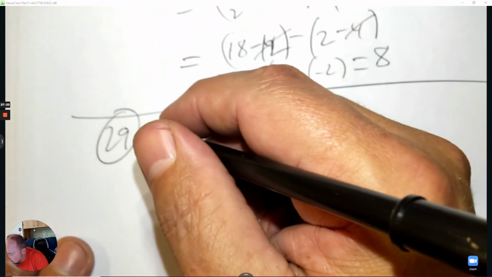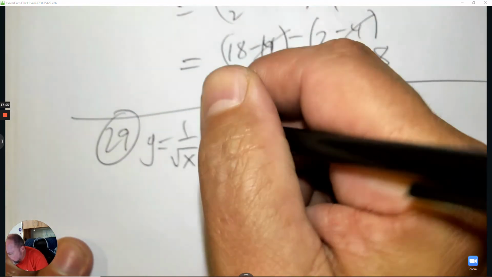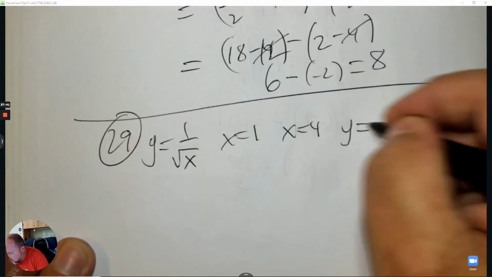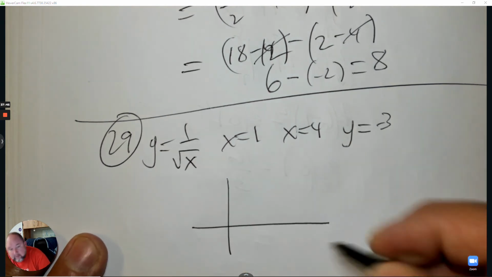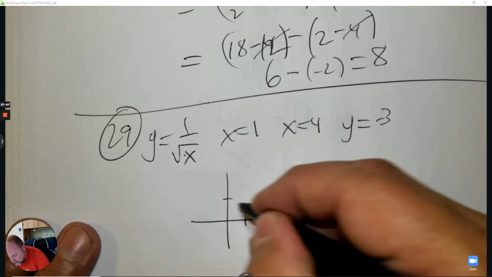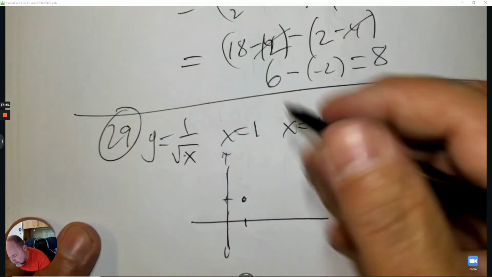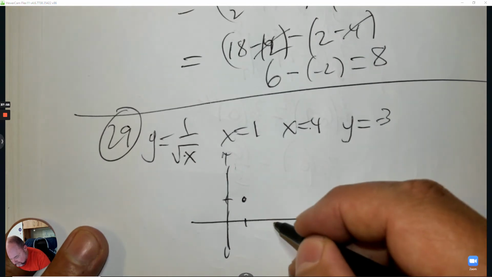The base of the solid is the region bounded by y equals 1 over the square root of x, x equals 1, x equals 4, y equals negative 3. So if I plug in 1, the answer is 1. There's an asymptote here. If I plug in 4, the answer is a half.